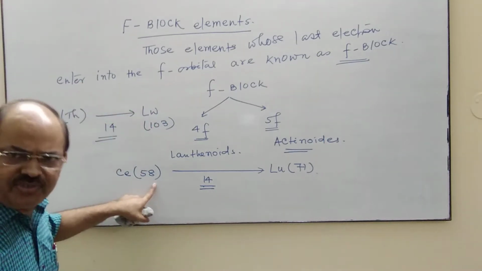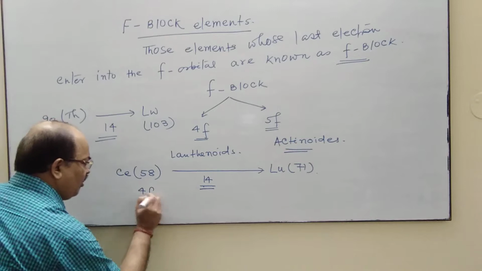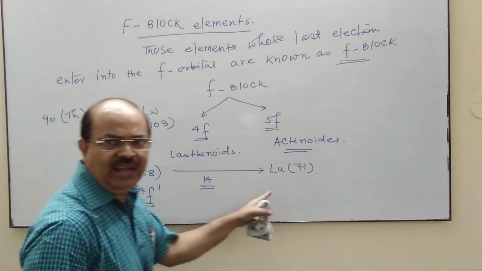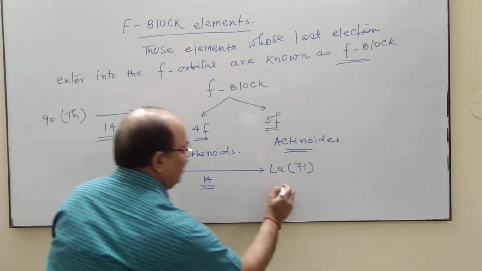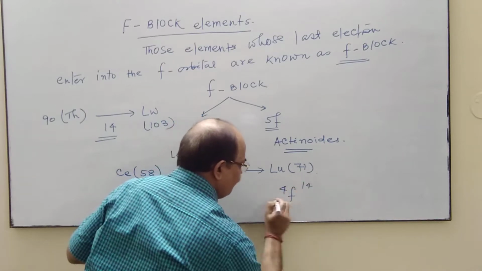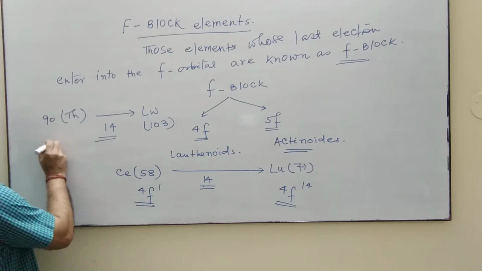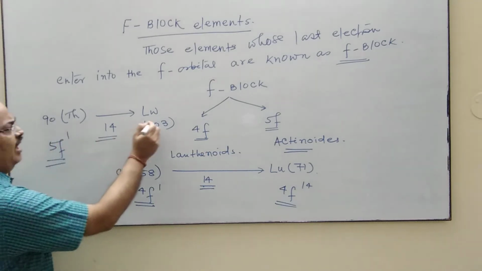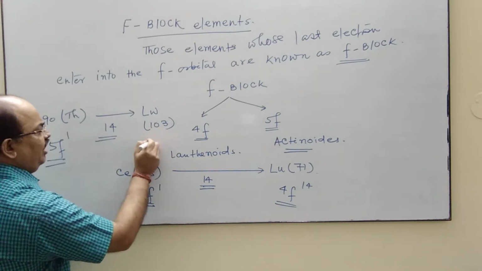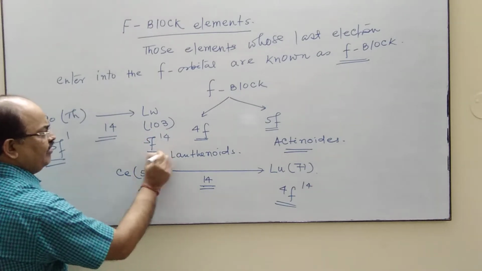Actually cerium 58 is 4f1, while lutetium 71 is 4f14. Similarly, thorium 90 is 5f1, and lawrencium 103 is 5f14.